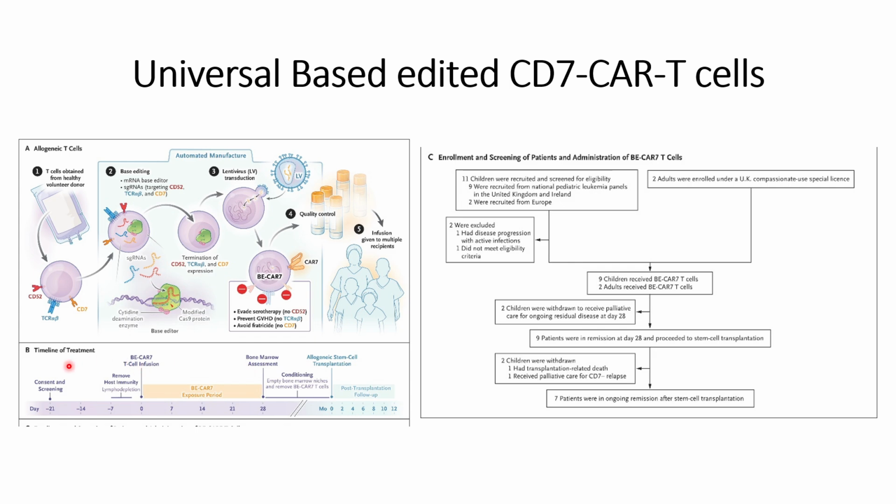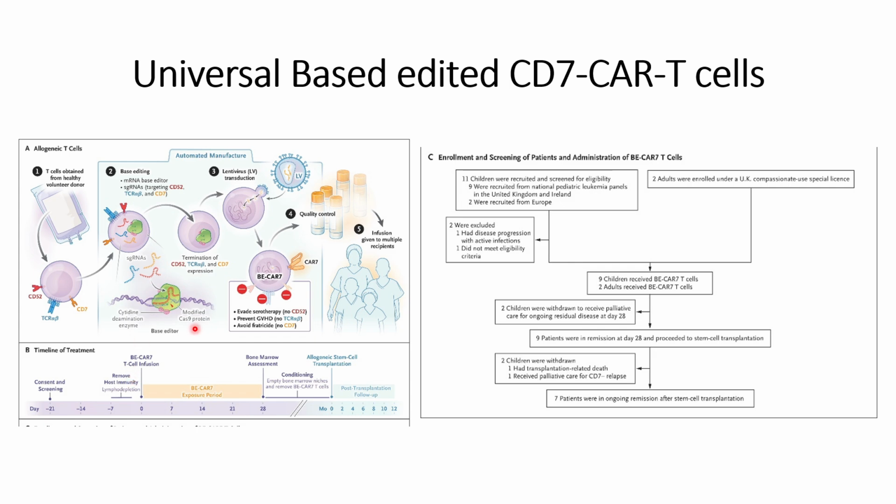So how they did their experiment is that first they screen the patient and then treat them with these BE-CAR7 cells at day 0, and before that they remove the host immunity using lymphodepletion. And once they achieve that, 7 days after that they infuse these BE CAR T cells, so that the BE CAR T cells have less immunogenic response.